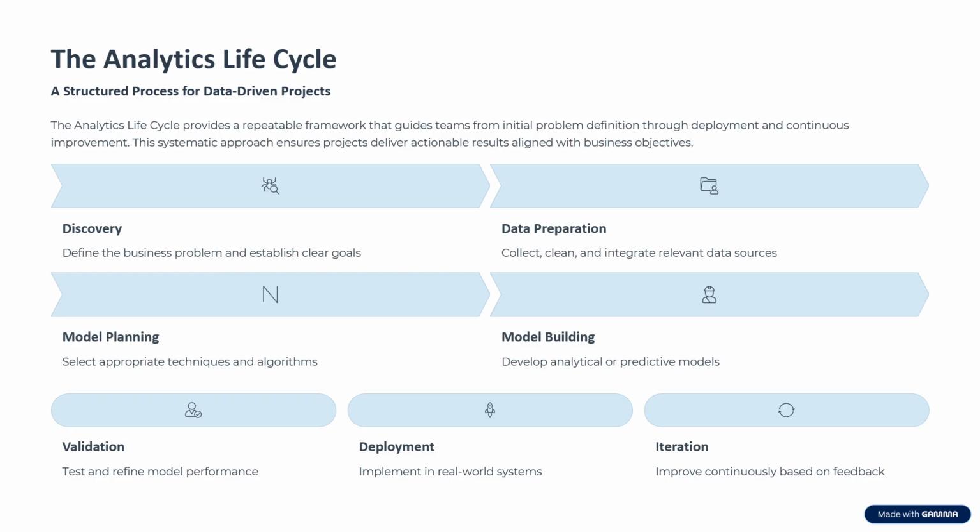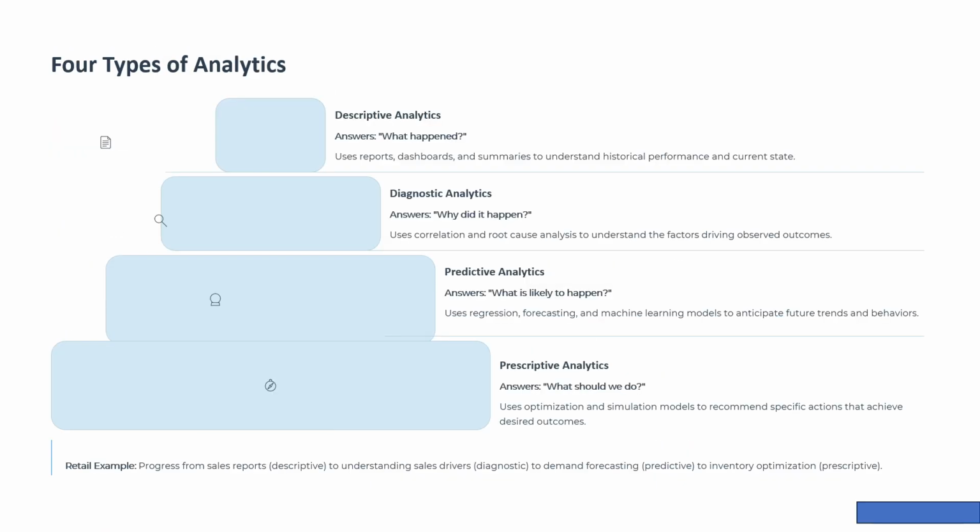Sixth, deployment. Once the model is ready, deploy through dashboards, automated reports, or application integration. Finally, iteration. After deployment, monitor and update models as new data arrives and as conditions change.